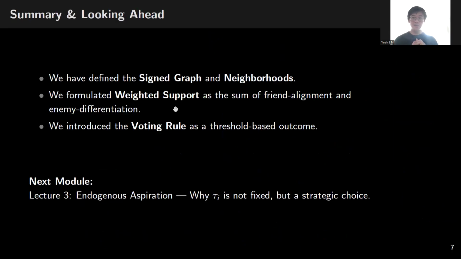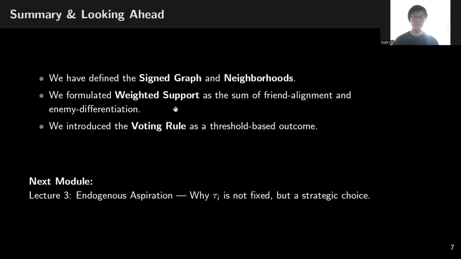In conclusion, today we talked about signed graph neighborhoods. We got the attractive and repulsive neighbors, the partitioning of neighbors. We defined the very important concept of the weighted support as a sum of aligning with the friends or differentiating from the enemies, and we sum them up together.